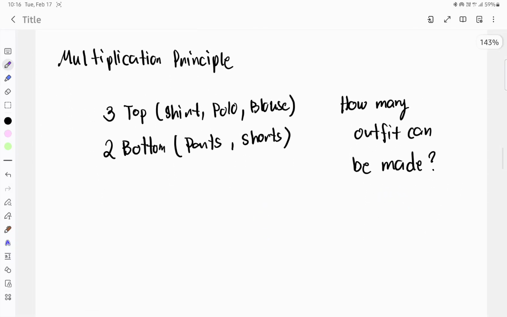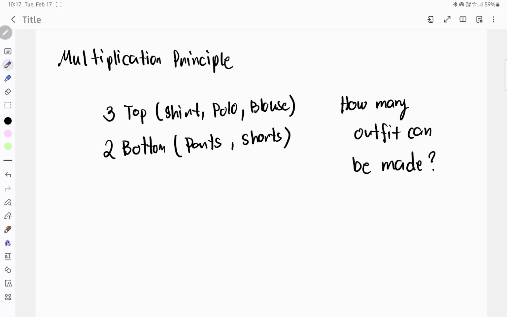Multiplication principle. How many outfits can be made? The given is there are 3 tops and 2 bottoms. The tops are shirt, polo, and blouse, and the bottoms are pants and shorts. The question is, what would be the combination? The combination would be top and bottom, right? So we can use the principle of multiplication.